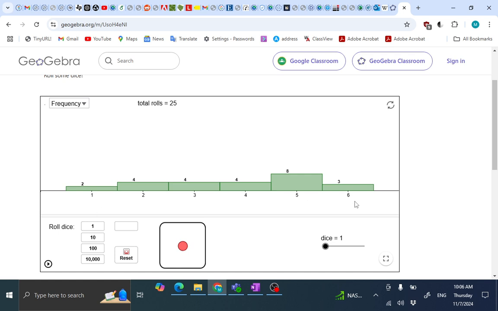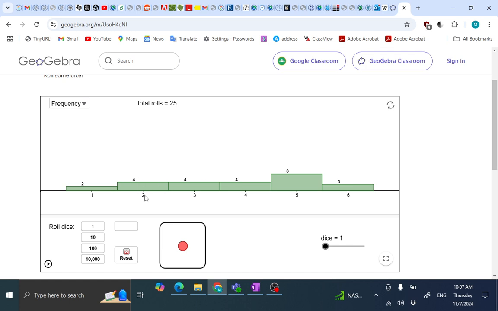They are as likely as each other. Each of them is going to show up about 1/6 of the total. So I have rolled this thing 25 times. 1/6 of that is 4 and something. So more often than not, we get 4.